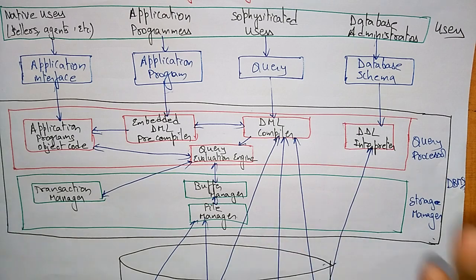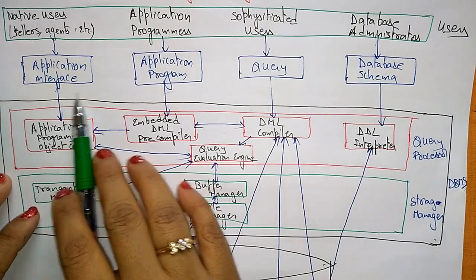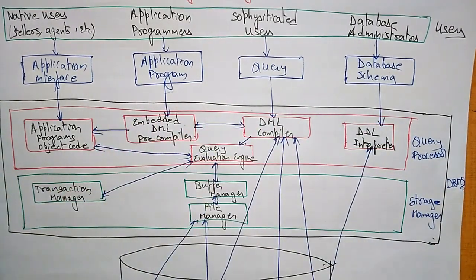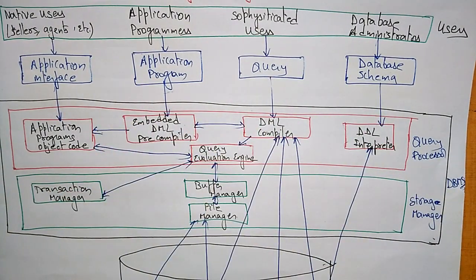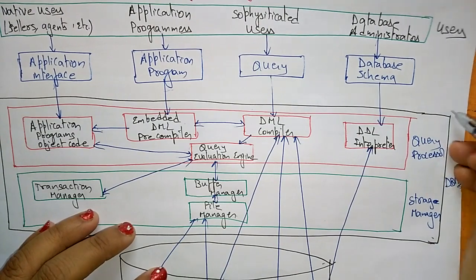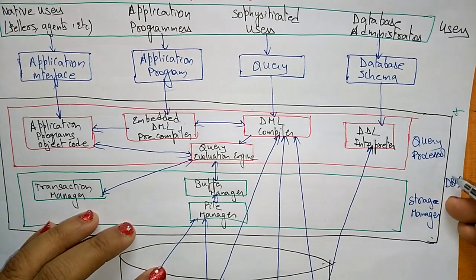What is happening inside, you don't know. Whenever you open the screen or upload files, it is done with the help of application programs. Application programs are nothing but programs written in a high level language, and those programs are linked with the database management system.